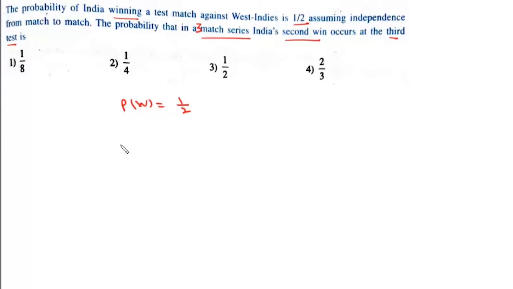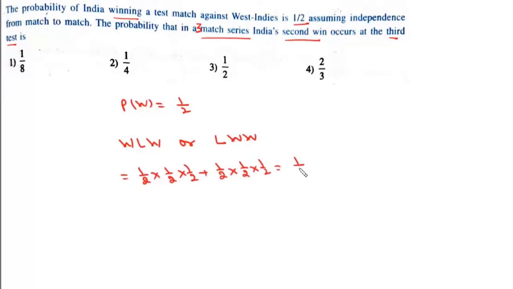So either it could be win, loss and win, or it could be loss, win and win. So these are the only two possibilities. Now first one is 1 by 2 into 1 by 2 into 1 by 2 and plus 1 by 2 into 1 by 2 into 1 by 2. So it is nothing but 1 by 4, and that's your option 2.